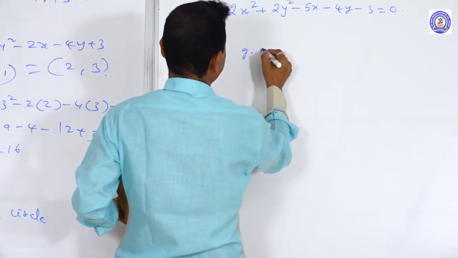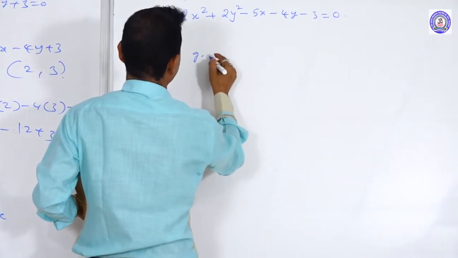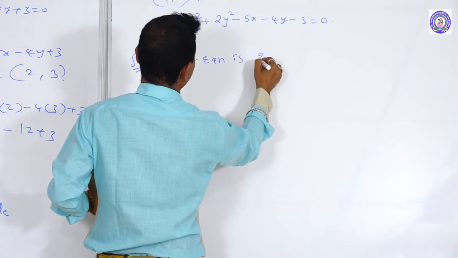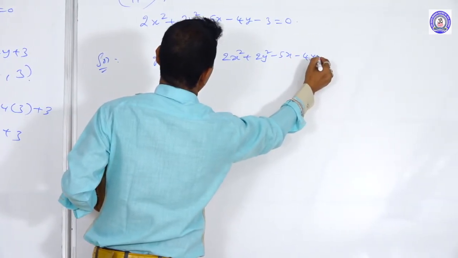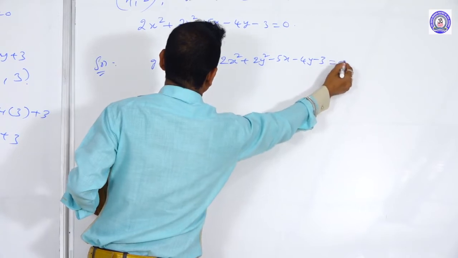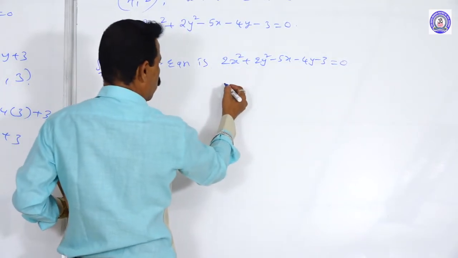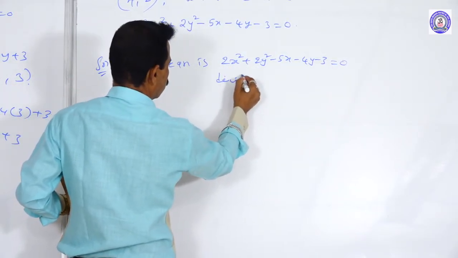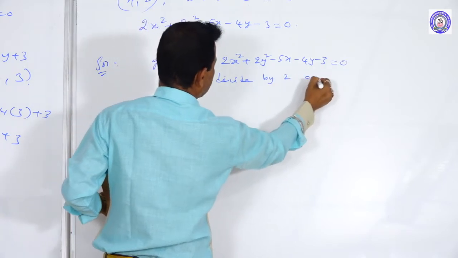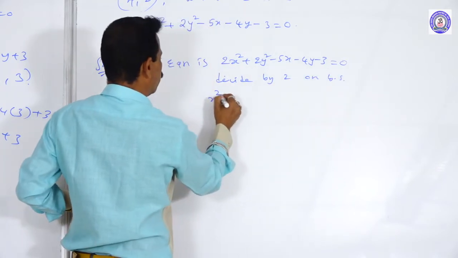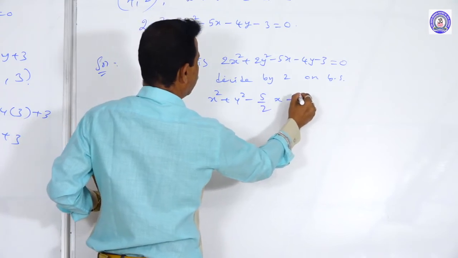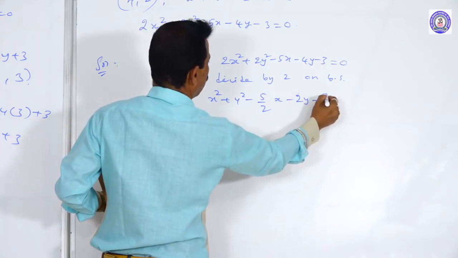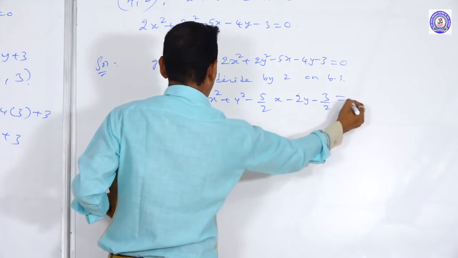Given equation is 2x square plus 2y square minus 5x minus 4y minus 3 is equal to 0. So we divide by 2 on both sides. So x square plus y square minus 5 by 2 x minus 4 by 2 is 2y minus 3 by 2 is equal to 0.